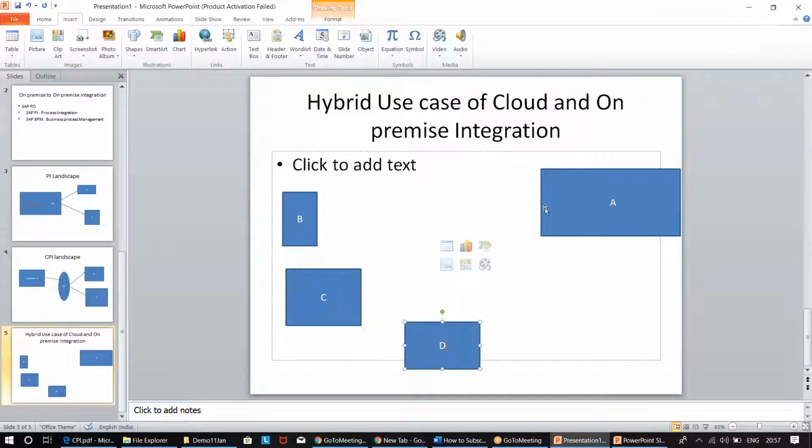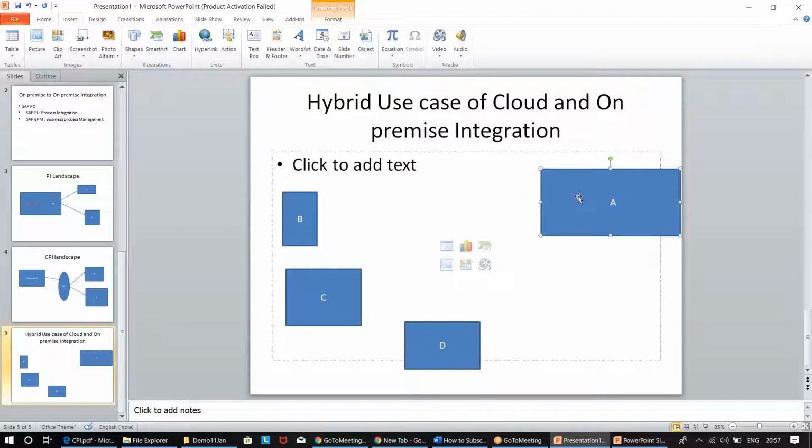Previously, every customer mostly invested in their on-premise. So you can say A, B, C are here also. Let's not confuse here. Let's say it might be your CRM, ERP system, all internally in their landscape. We do have a PI as middleware so that they can easily communicate.